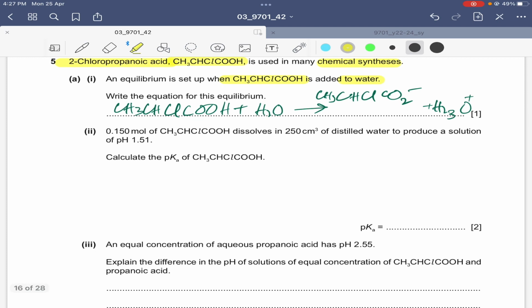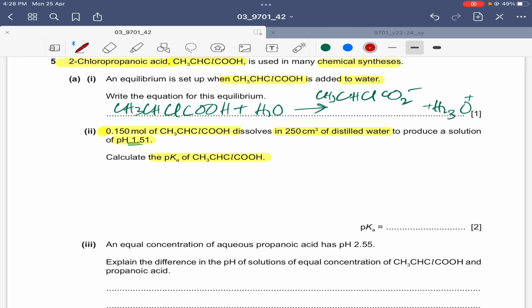Then the next part says that 0.150 moles of 2-chloropropanoic acid dissolve in 250 cm³ of distilled water to produce a solution of pH 1.51. Calculate the pKa of 2-chloropropanoic acid. Now, to calculate the pKa value, first we have to find the H+ ion concentration, for which we have the pH value already given in the question.